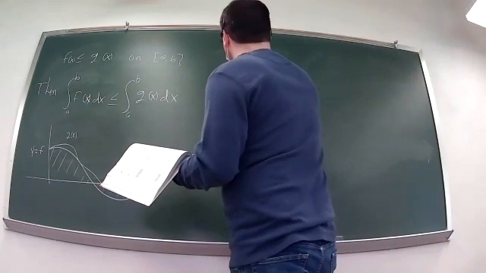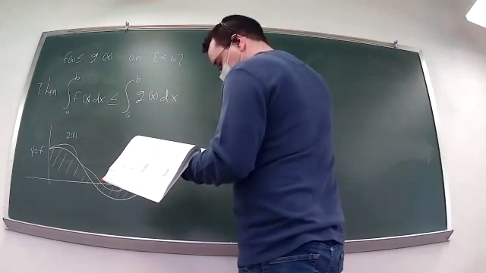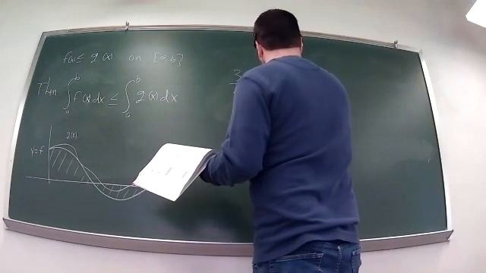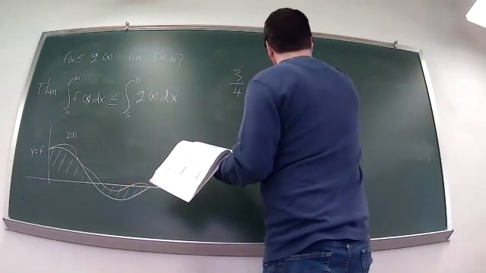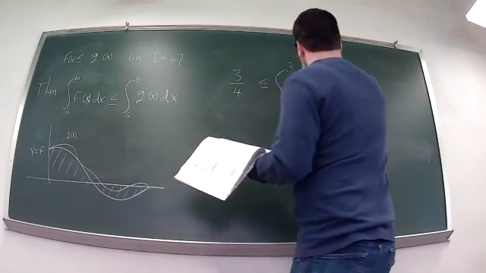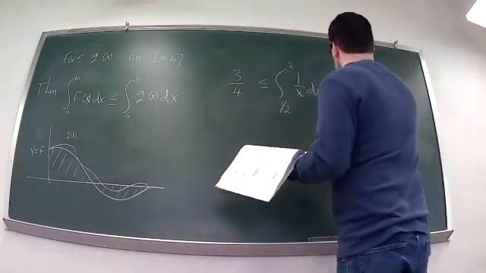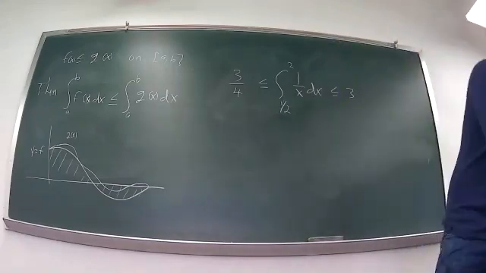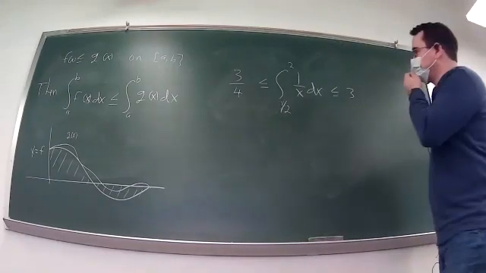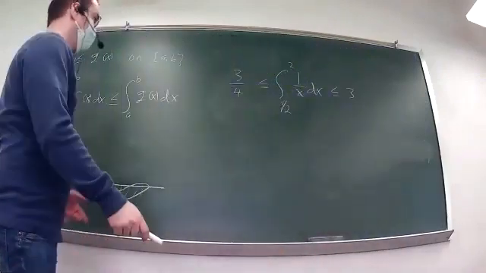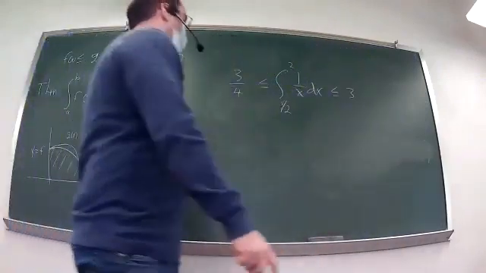Say you wanted to prove that 3/4 was less than or equal to this integral from 1/2 to 2 of 1 over x, which was less than or equal to 3. Later on in the course, we'll learn how to compute this integral with great accuracy, but for now, can we at least put bounds on it?